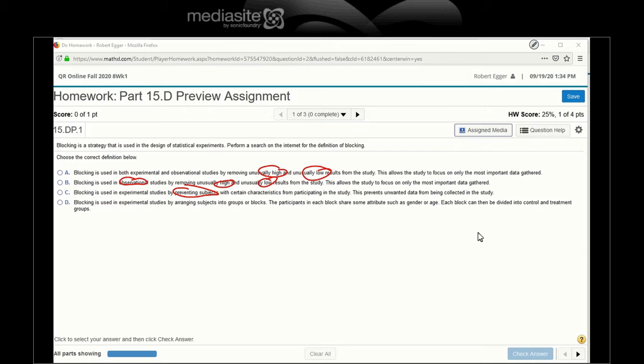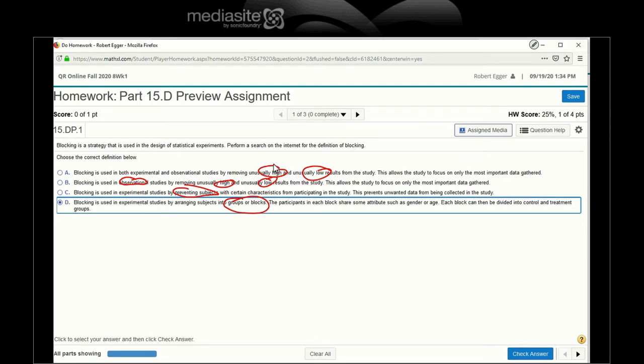Blocking is used in experimental studies by arranging subjects into groups or blocks. The participants in each block share some attributes such as gender or age, or some other characteristic. Each block can then be divided into control and treatment groups. Definitely the best one.